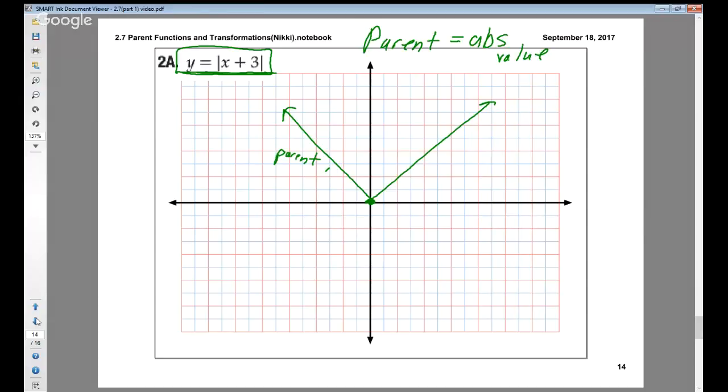And now for the child function, we see that the plus 3 is inside the absolute value. And if it's inside, that means we're going to have to move left or right.